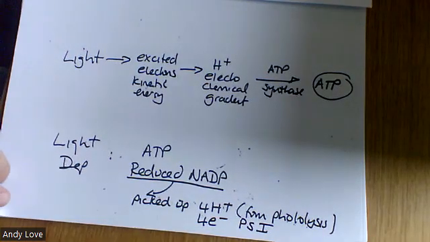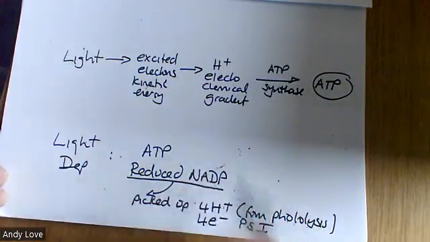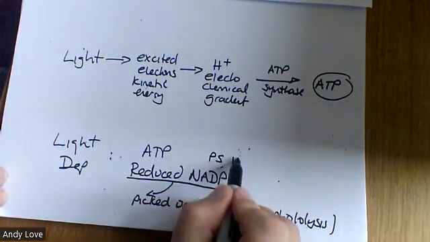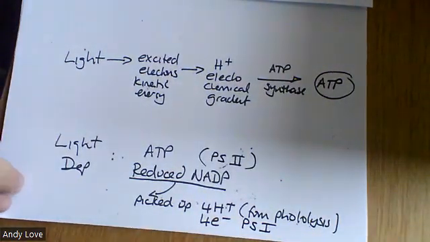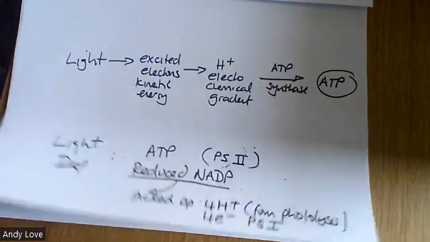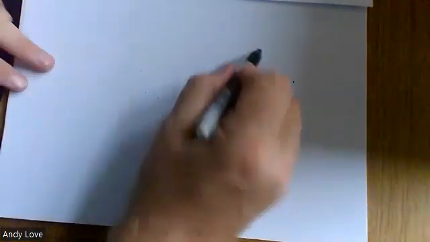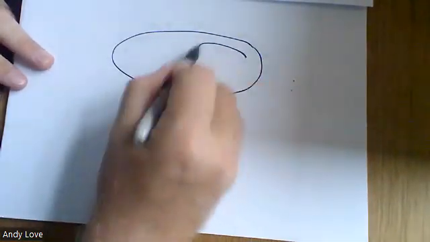Okay, happy days? And the ATP has come from PS2. Okay, so stop the video there and recap, because that's the end of the light-dependent reaction. We're now going to move into the stroma.